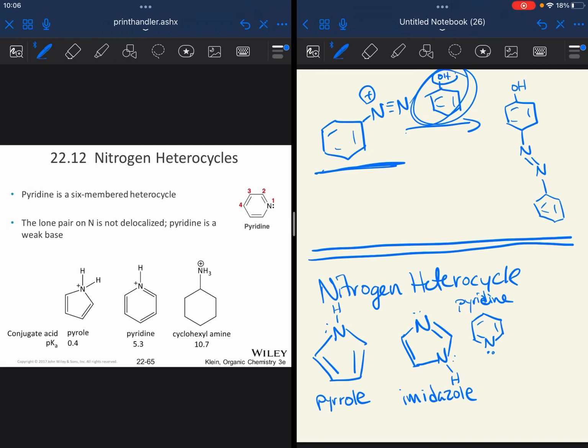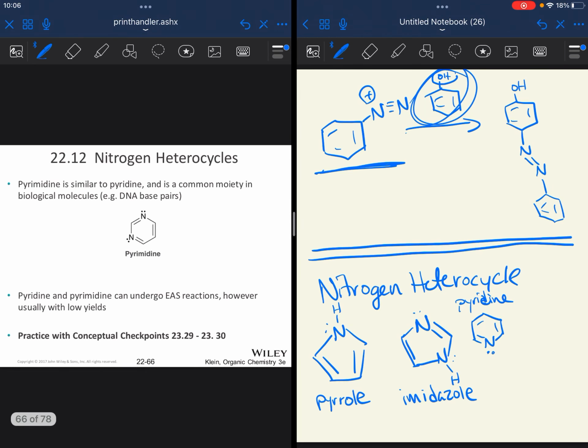It's also a very common heterocycle in larger biomolecules, as well as our 4th and last structure, and that's pyrimidine. Pyrimidine is another 6-membered ring, but it has 2 nitrogens in it, right? Pyrimidine is an important base in biomolecules as well.